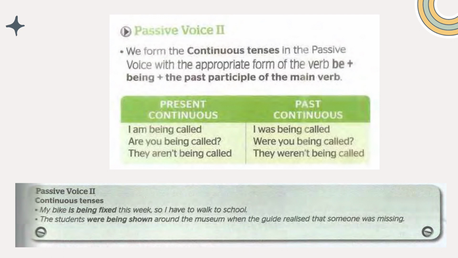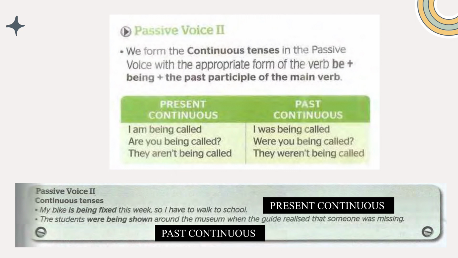Passive voice continuous tenses can be in present continuous and past continuous. That is what the examples below showed. For the first one, my bike is being fixed this week, so I have to walk to school. That is the present continuous. For example number 2, the students were being shown around the museum when the guide realized that someone was missing.